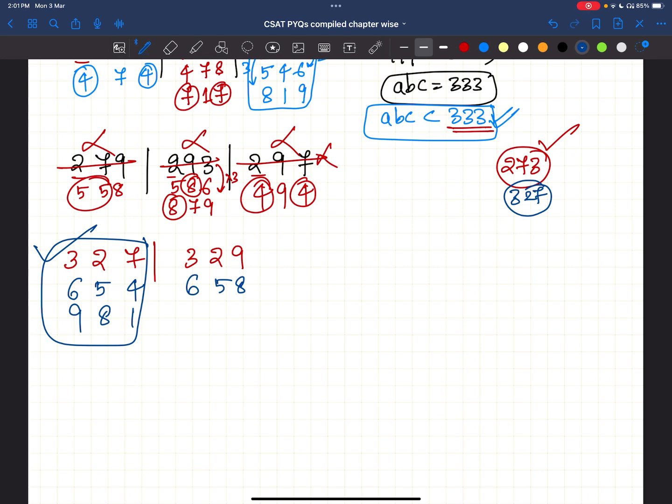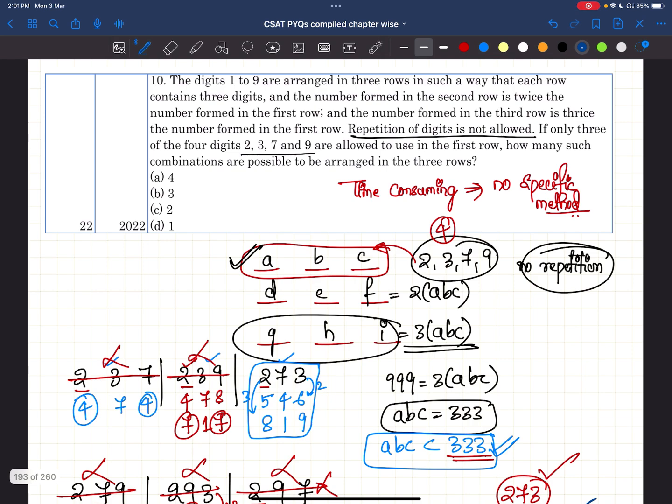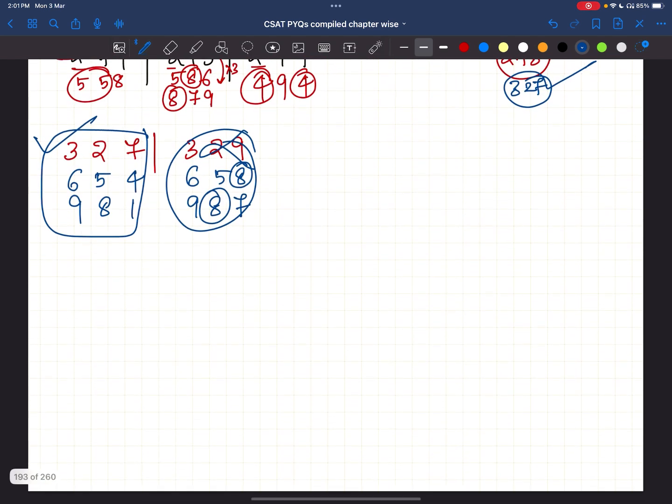And this into 3, right? These two are repeating, so this can't be the number. So only 2 numbers are possible, right? This is the answer.